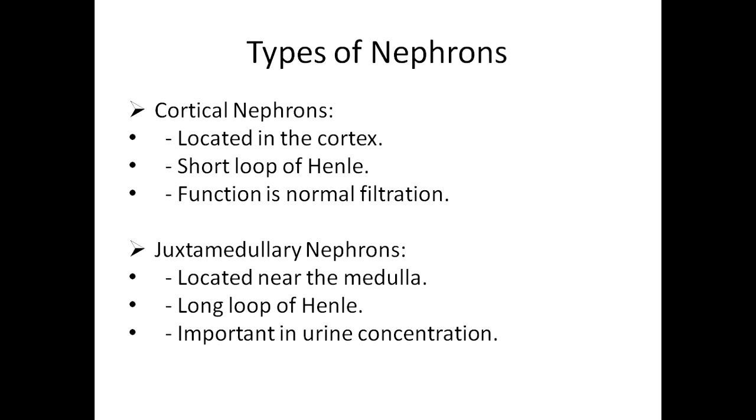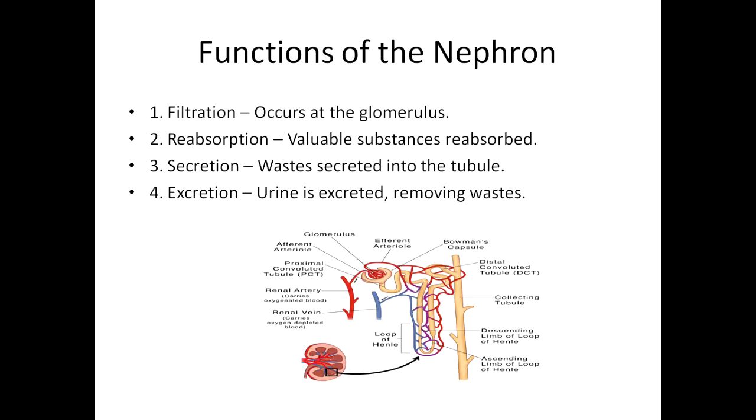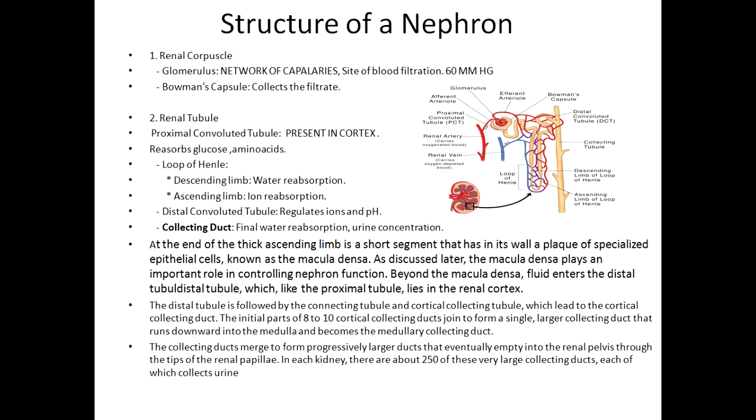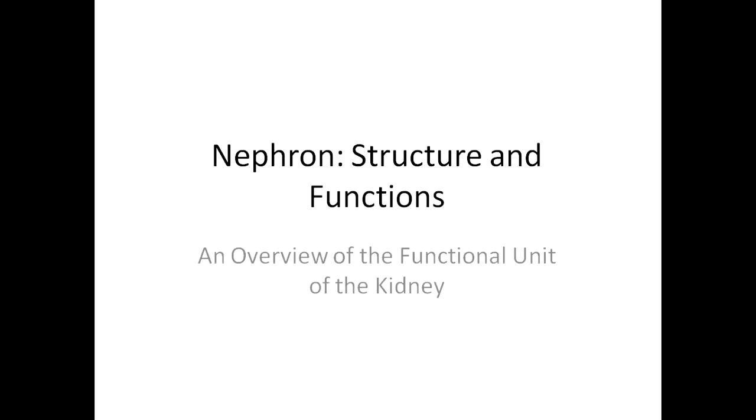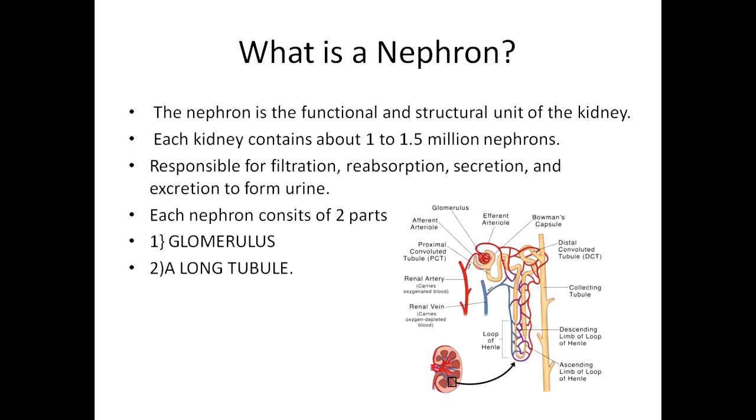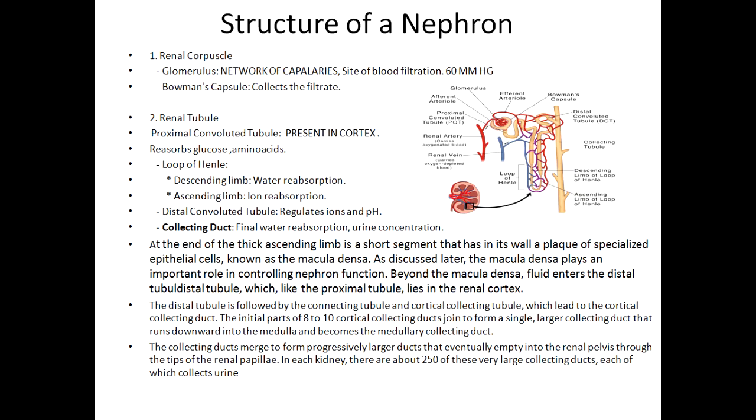Right. So this is the end of the nephron. What I have explained is the microscopic structure of the nephron. Here I am just recollecting. This is a nephron, the microscopic view.